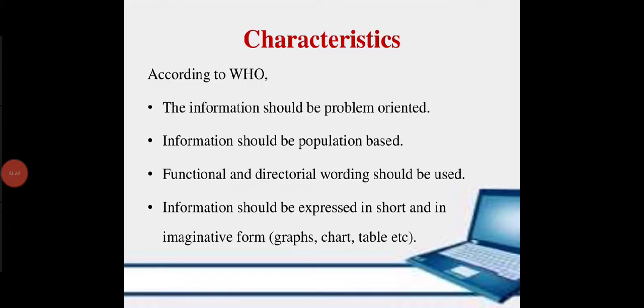It should not be any general topic, and it should include population-based problems and information, and functional and directorial wording. That means the wording should be given from the management. Okay? Whatever information you are giving, the title or anything, and whatever information is there, you should express it in a graph, chart, or table.